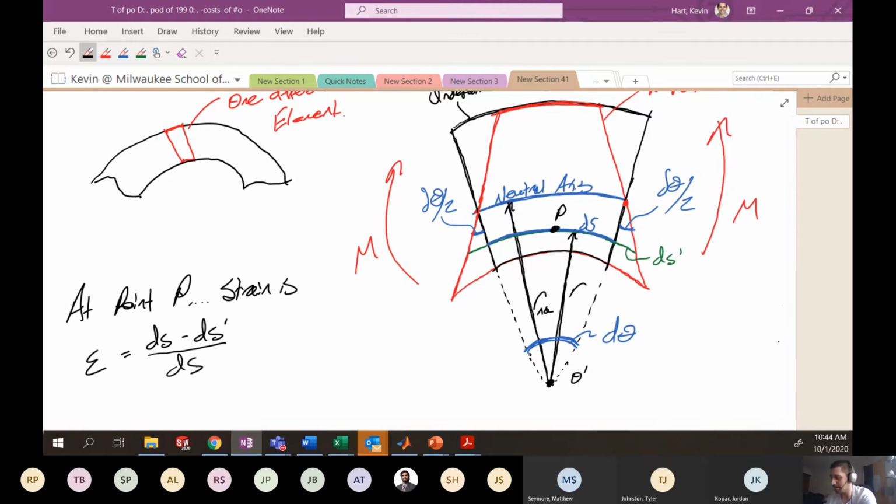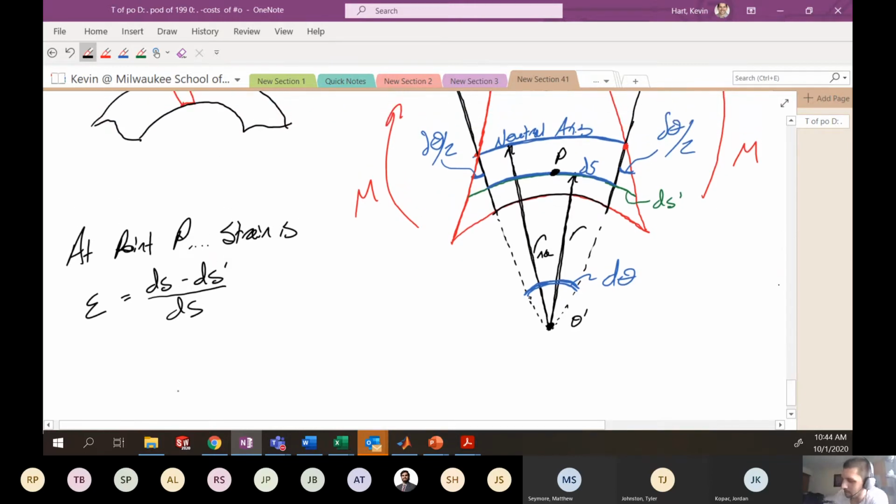The original length ds is again given by that arc formula for a semicircle. Here that's going to be r d theta. Okay. It's this r times d theta. That is this original length ds.